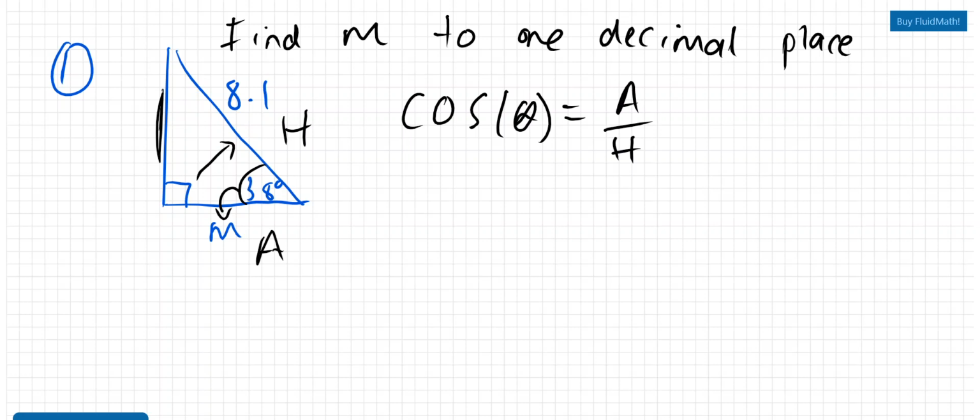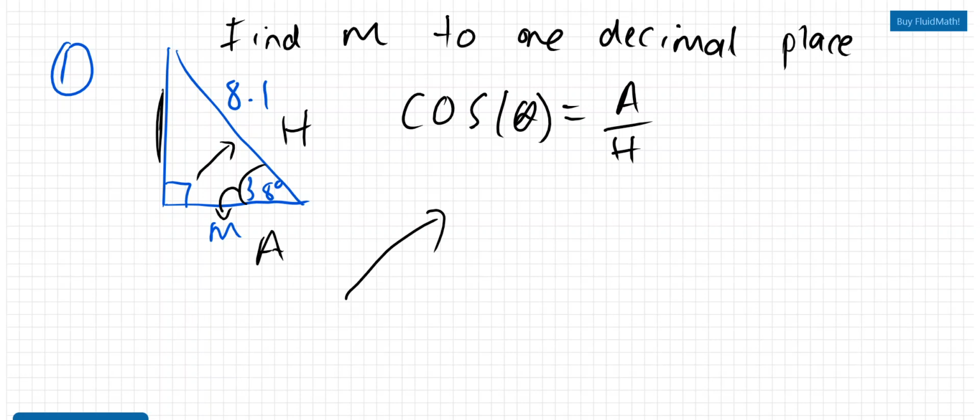If it helps, you can state your variables. So my hypotenuse, H, is equal to 8.1, and my adjacent, A, is going to be my m. I'm now going to substitute these values into my equation.